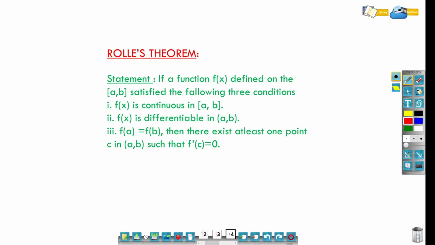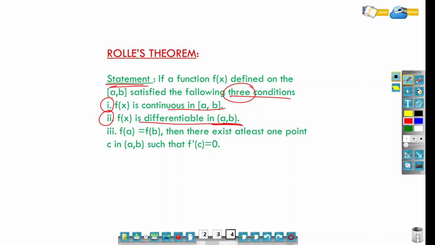Rolle's theorem. This theorem is very important. First, the statement of Rolle's theorem. If a function f of x defined on the closed interval a comma b satisfies the following three conditions. First, f of x must be continuous in the closed interval a comma b. Second, the function is differentiable in the open interval a comma b.